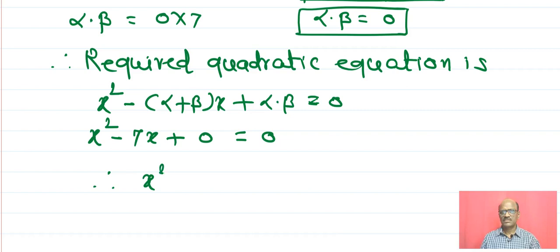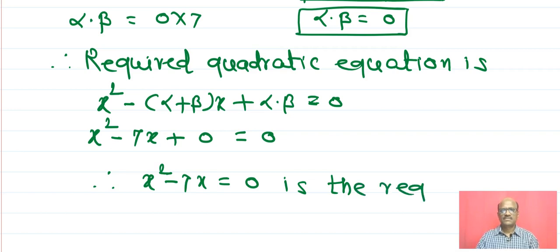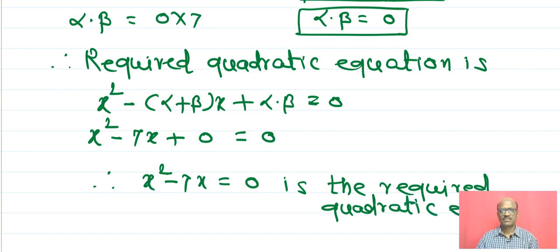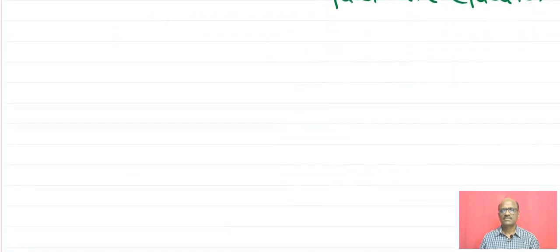This is x square minus 7x equals to 0 is the required quadratic equation. Now next, number 6.